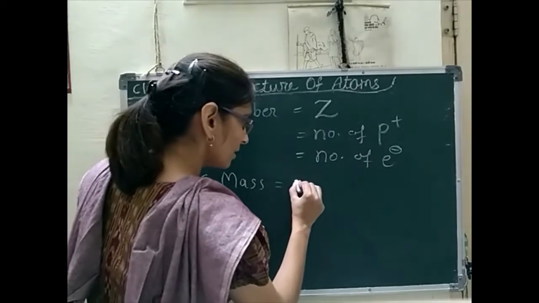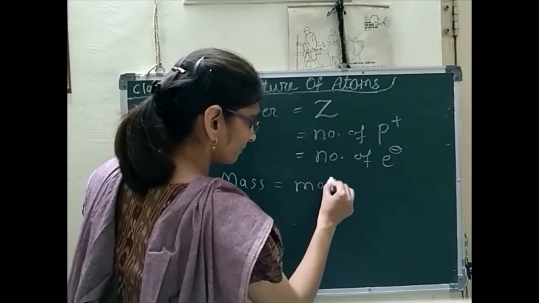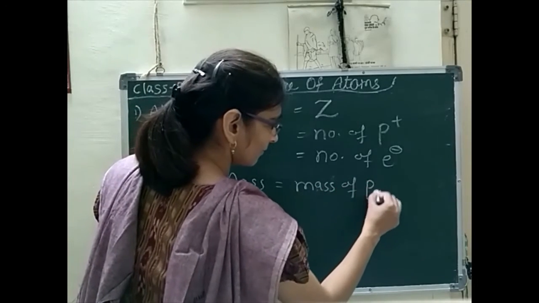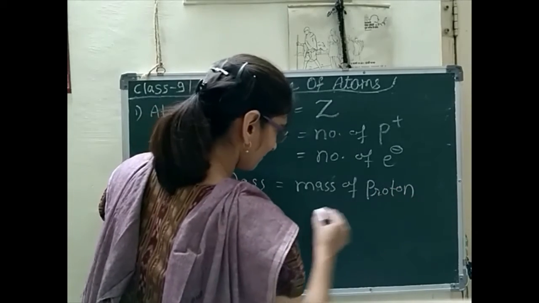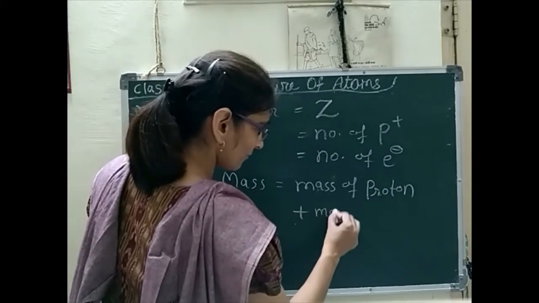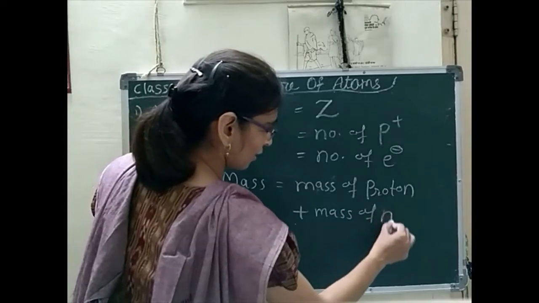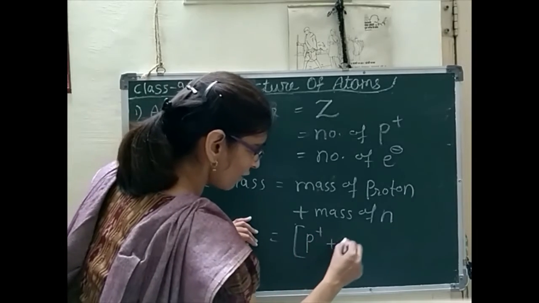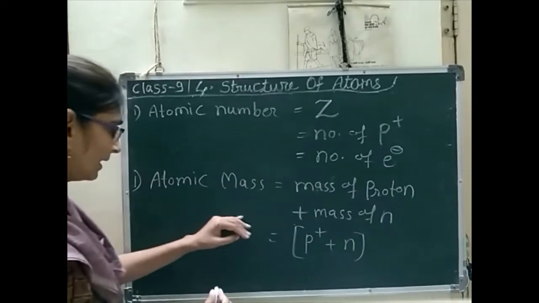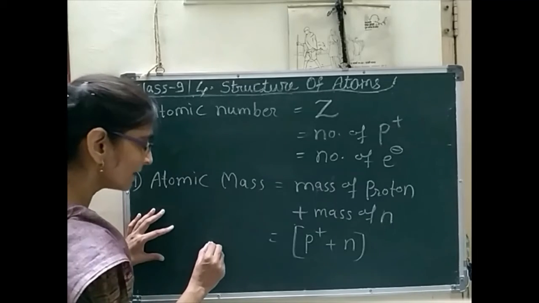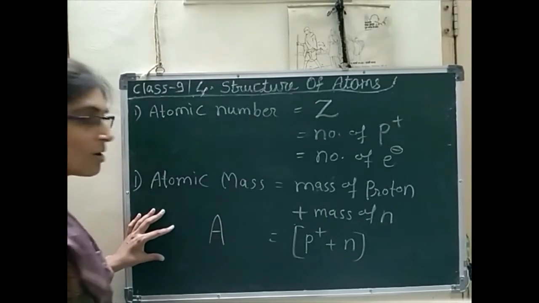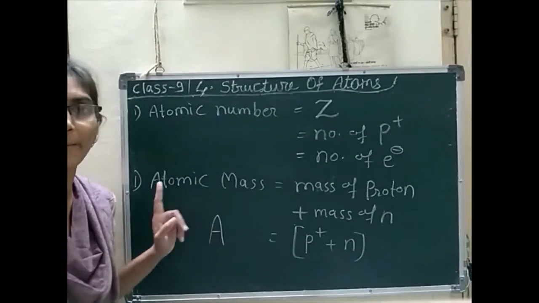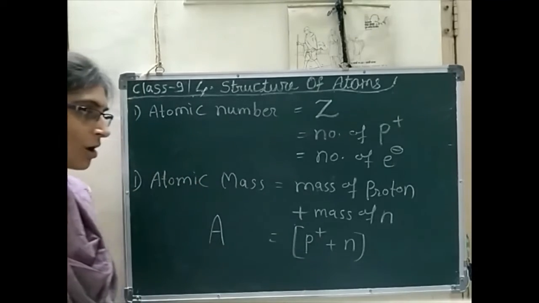Atomic mass is equal to mass of proton plus mass of neutron, and it is denoted by capital A, as we have seen.